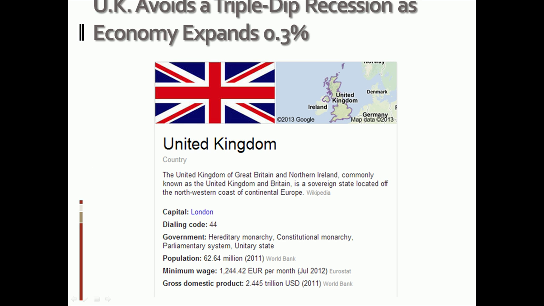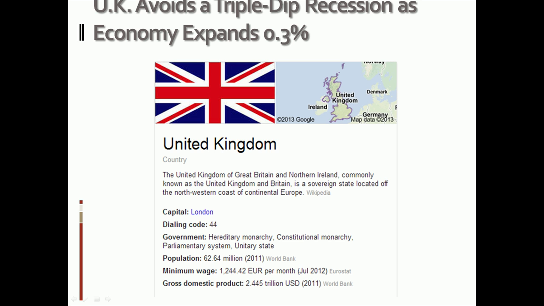All right, so Britain's economy avoided a triple dip recession in the first quarter with expansion that exceeded economists' forecasts and will provide relief to the government criticized for failing to foster a recovery. Now, the GDP rose 0.3% in the period.